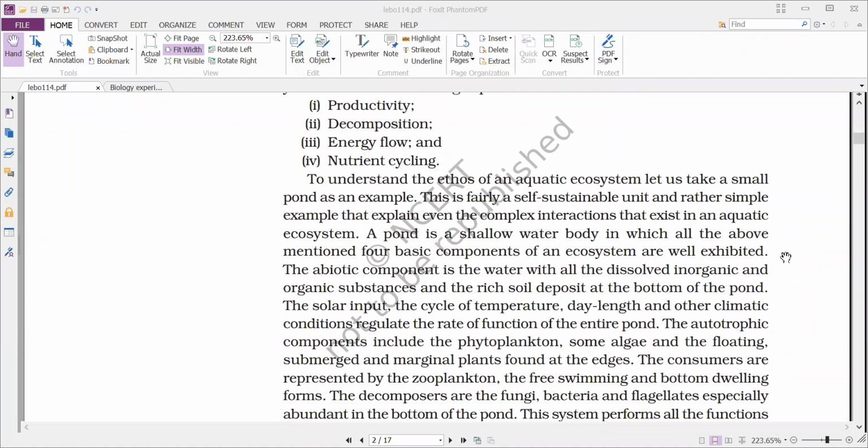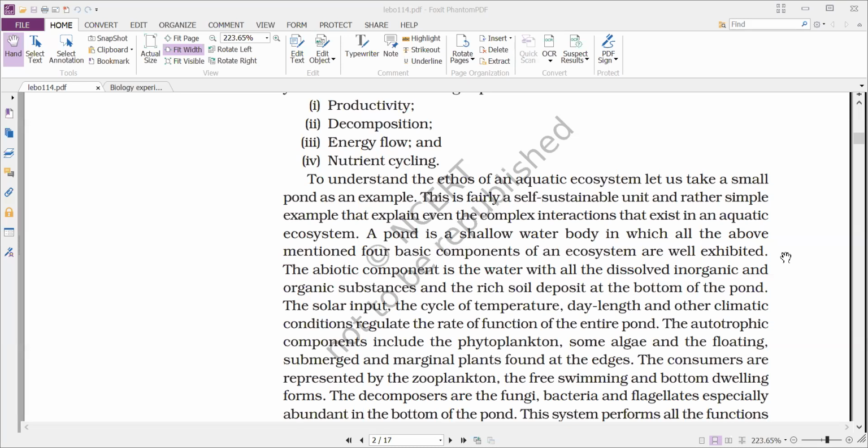It is nothing but a replica of any large aquatic ecosystem, because whatever components we find in this pond ecosystem, almost similar components are present in the large aquatic ecosystem also. So it is simple, but it explains even a complex interaction.